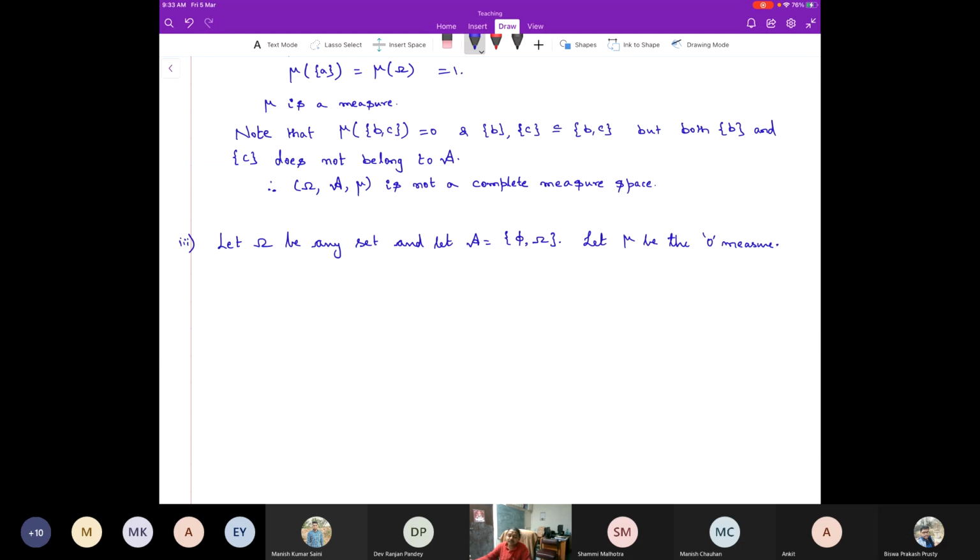Is it a complete measure space? Yes, sir. If this set is not a singleton, then it is not complete.